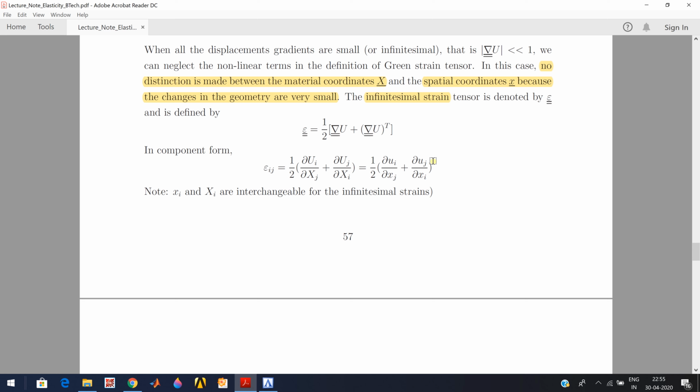Deformation is assumed small, so the material description and spatial description, capital X and small x, can be interchangeable for this infinitesimal strain case.